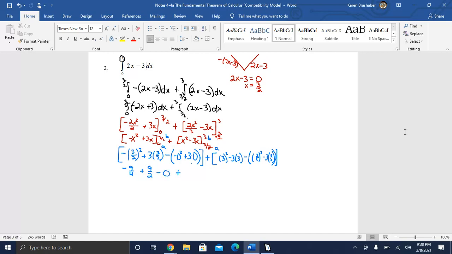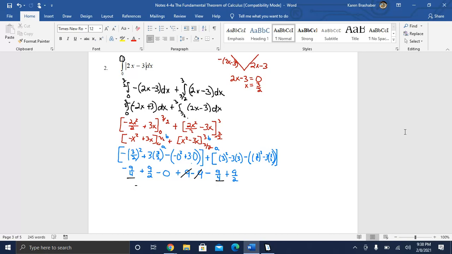And then we're ready for, in the second bracket, we'll have 9 minus 9 minus, we'll be distributing our negative sign. The 3/2 squared would be 9/4, and distributing the negative sign, we'll have plus 9/2. And as we put things together, the 9 and the negative 9 cancel, but you do have the negative 9/4 and the negative 9/4.